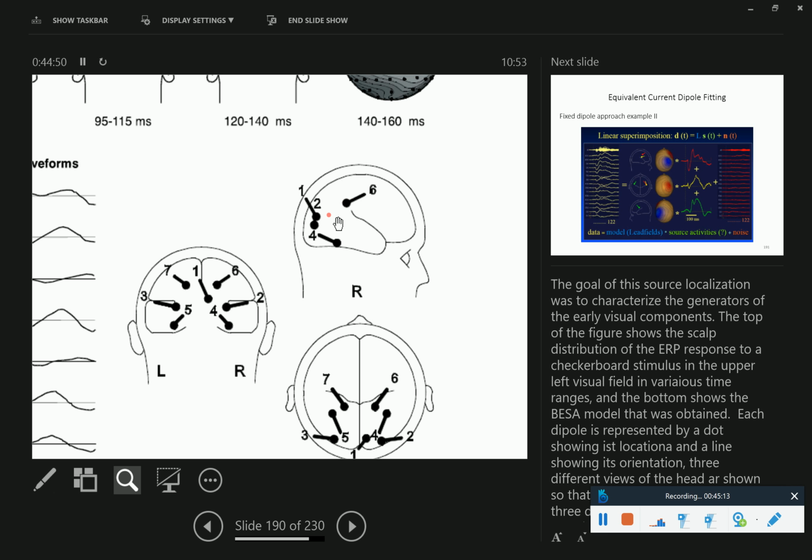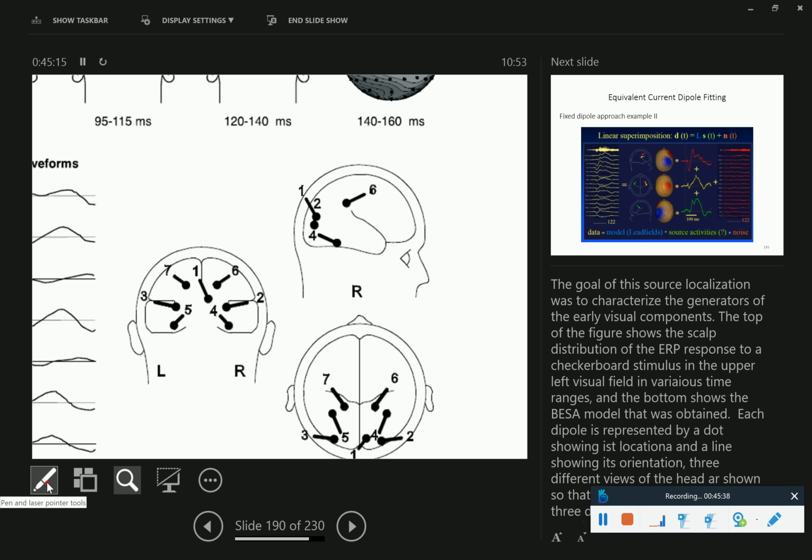Here, I think it's most sensible to focus on 1, 2 and then later ones. These 1, 2 and 3 are fairly much located in early visual areas, that's kind of lateral occipital cortex. 1 is in more calcarine cortex, and 6 and 7 are more in parietal cortices.